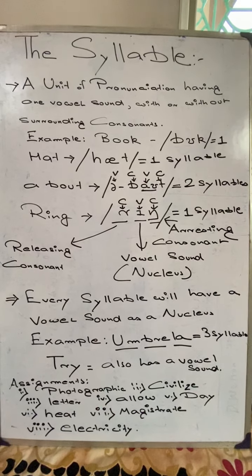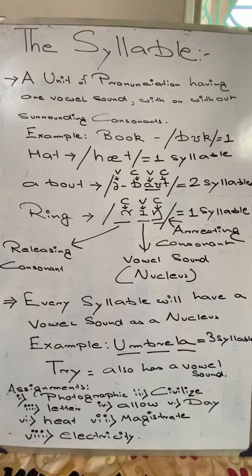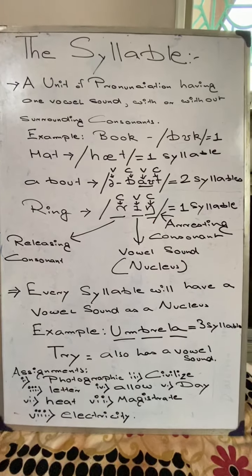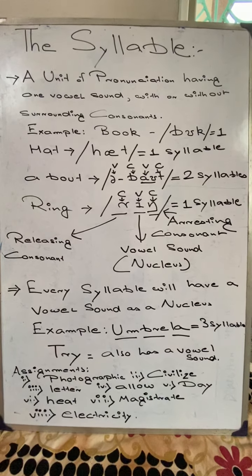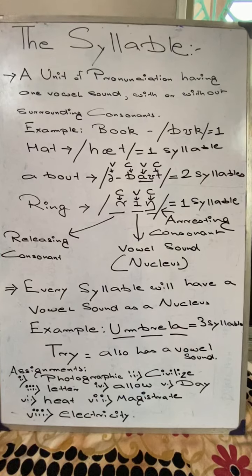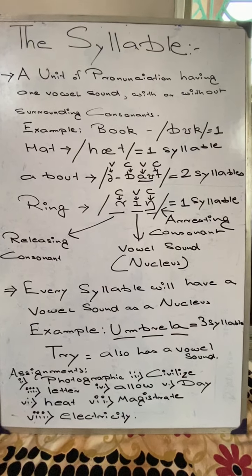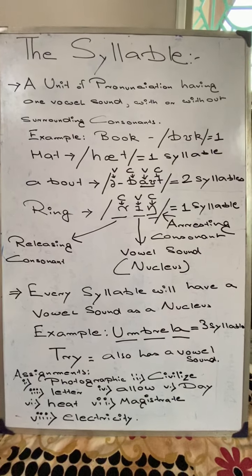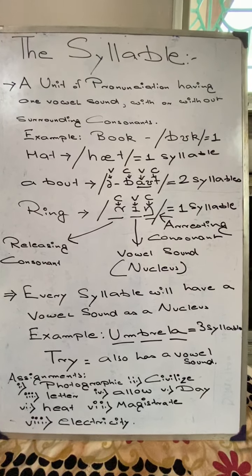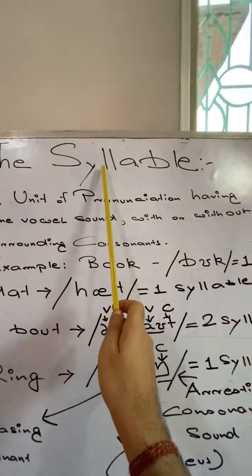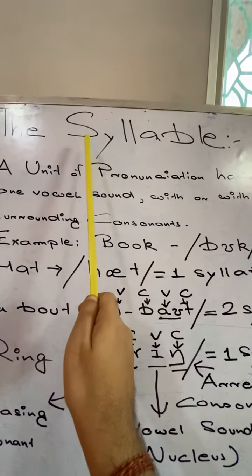Similarly, if I give you the word advise, how many syllables are there? Add and wise. There are two syllables in advise. Now consider the word syllable itself. How many syllables are there?